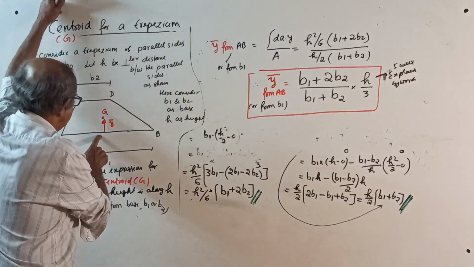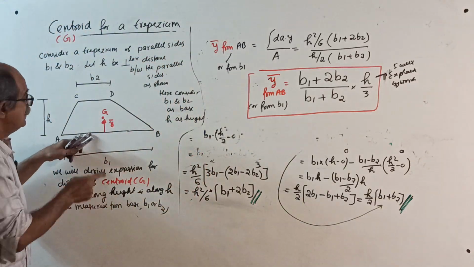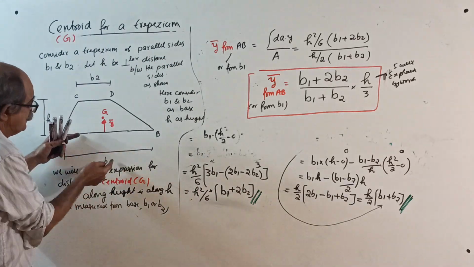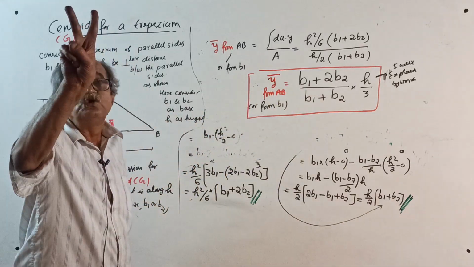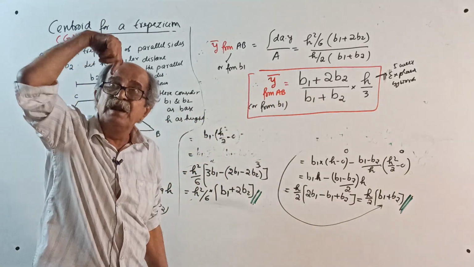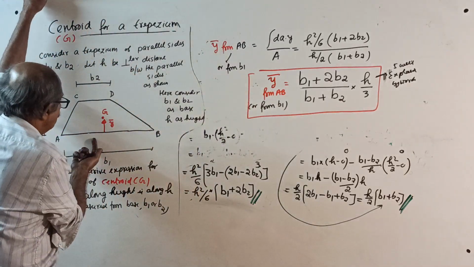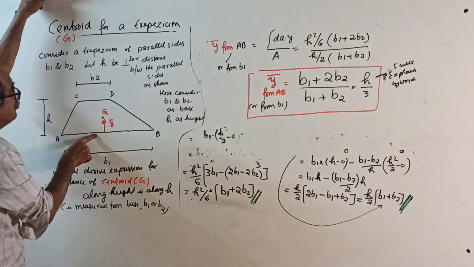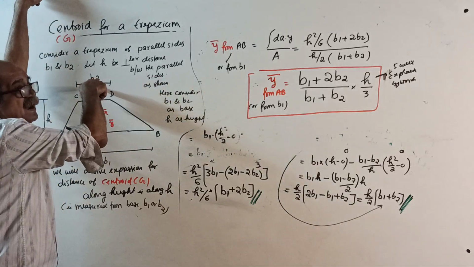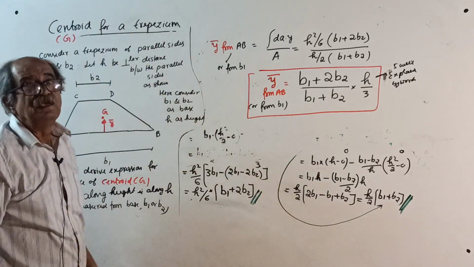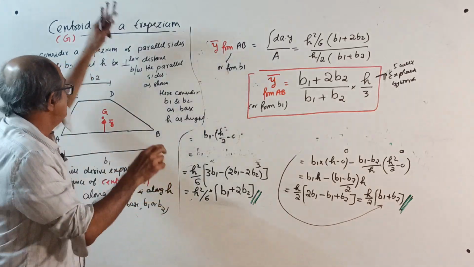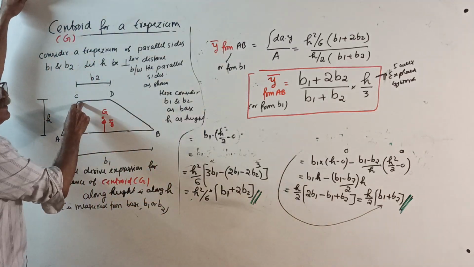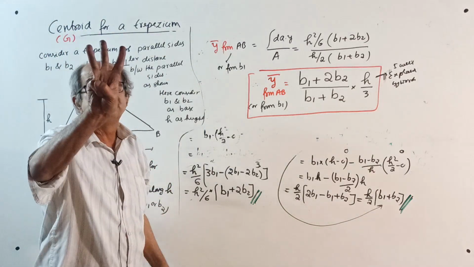The formula depends on which parallel side you measure from. Suppose you want it from B1: that parallel side plus twice the other parallel side, divided by the sum of the two parallel sides, multiplied by the distance between the two parallel sides, divided by 3.